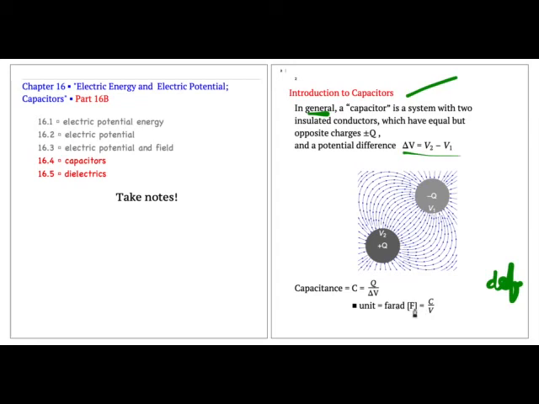It can be expressed in terms of other units in this way. Charge is coulombs, and potential is volts. So 1 farad is 1 coulomb divided by 1 volt.